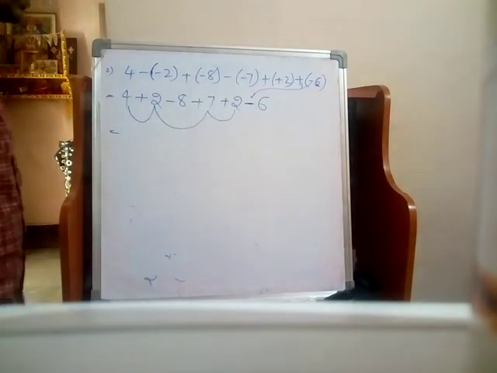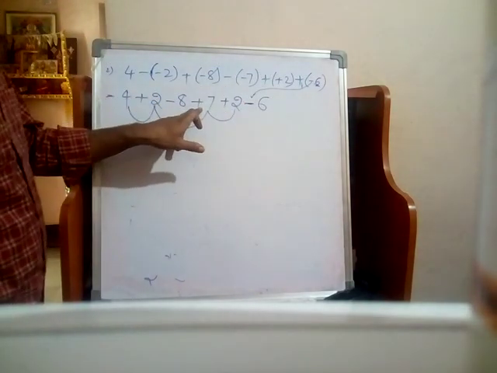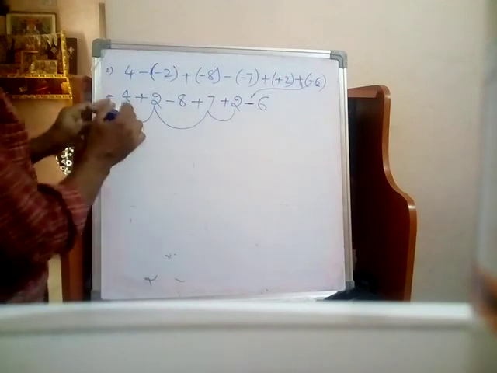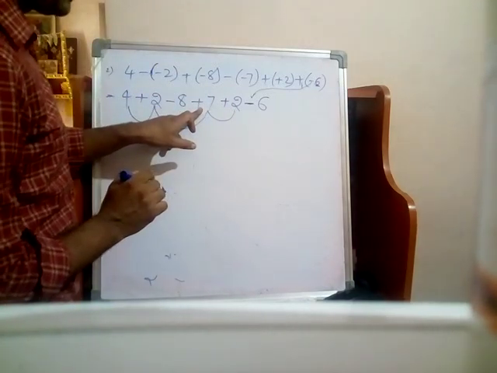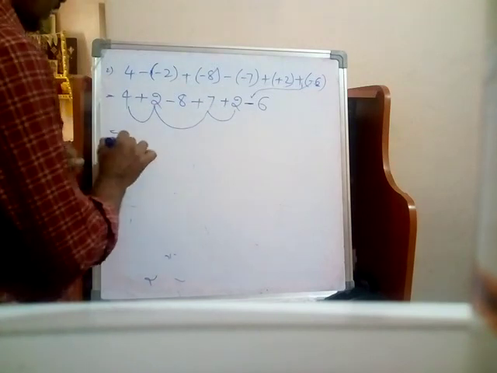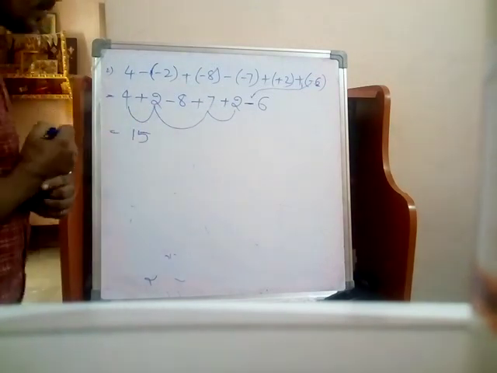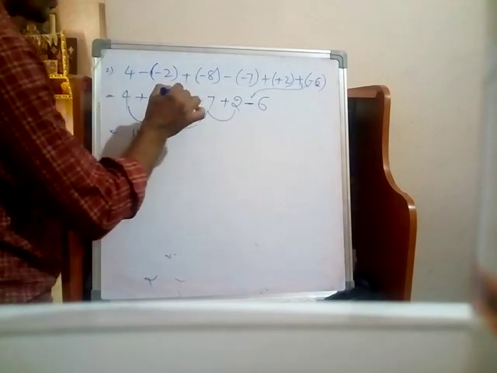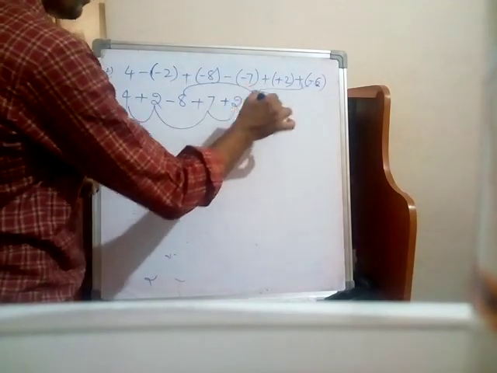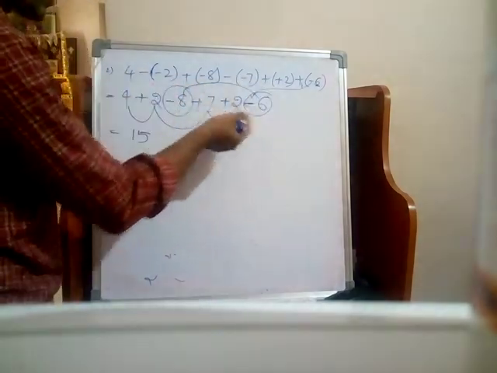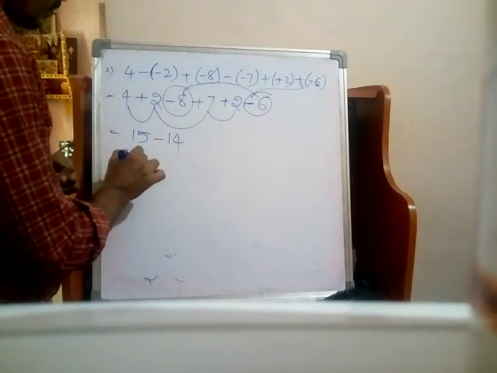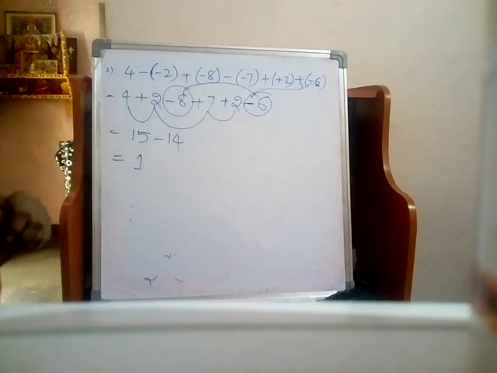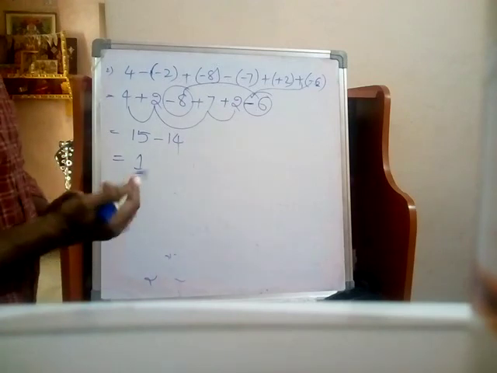These are positives: plus 4, plus 2, plus 7, plus 2. 4 plus 2 is 6, 6 plus 7 is 13, 13 plus 2 is 15. Negatives: minus 6 and minus 8, both negative, so minus 14. So 15 minus 14 is 1. So you do it like this model. Today you complete assignment 2 also.